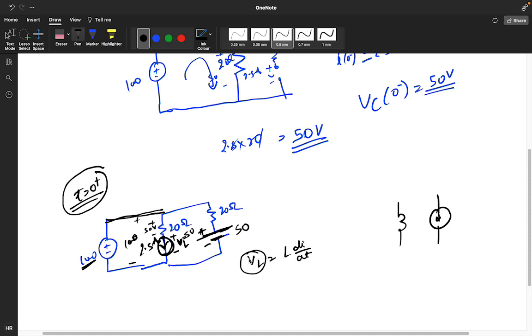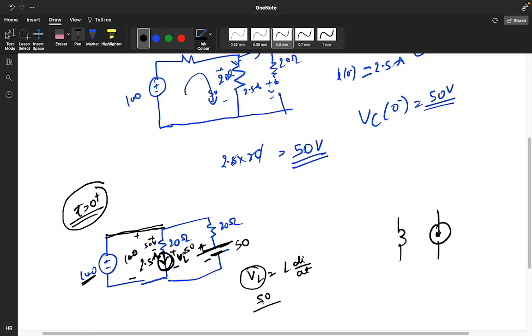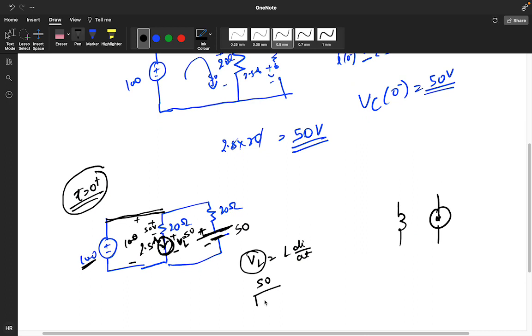The value of VL you got is 50, and L value is 1 millihenry, that means 1000. So di by dt at t equals 0 plus, we are getting 50,000, so we can write di by dt as 50 kilo ampere per second.